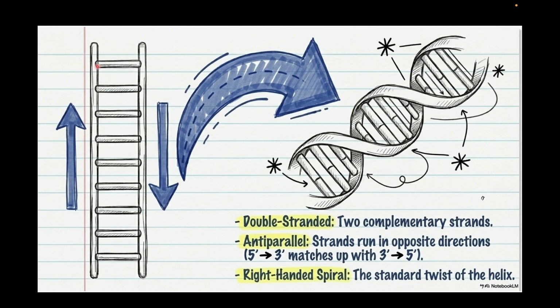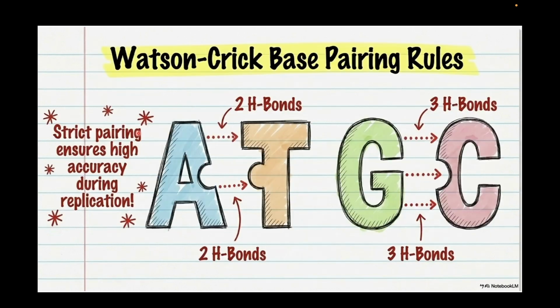And while pairing, adenine on the first strand pairs with thymine on the other strand. Similarly, thymine on the first strand pairs with adenine on the other strand. In the same way, guanine on the first strand pairs with cytosine on the other strand, and cytosine pairs with guanine. This ensures that DNA remains stable and the distance between the strands remains constant.